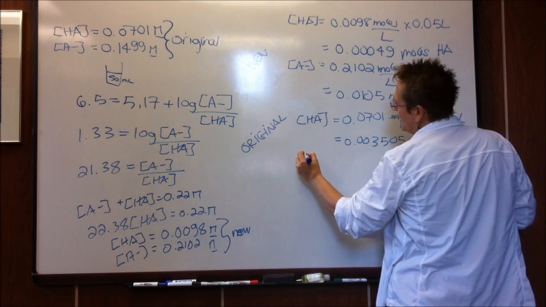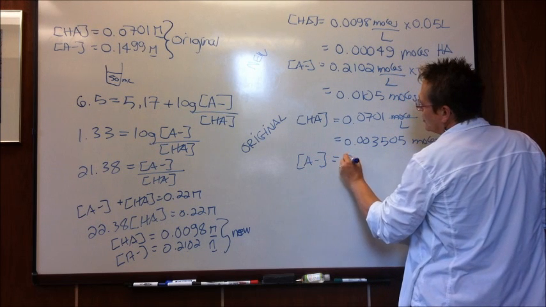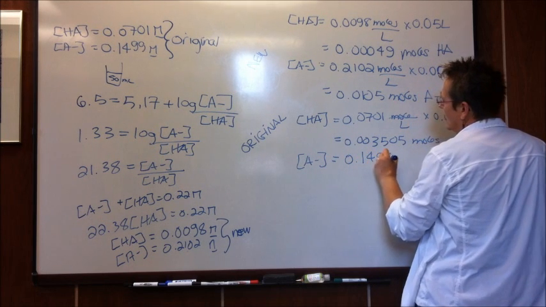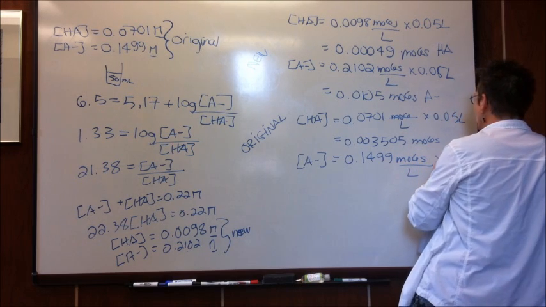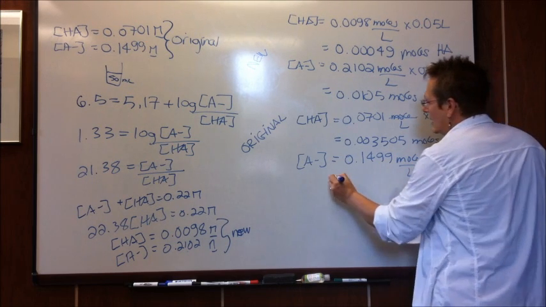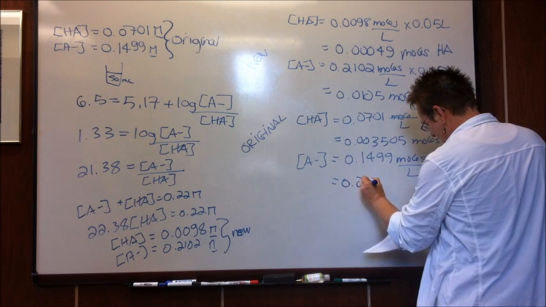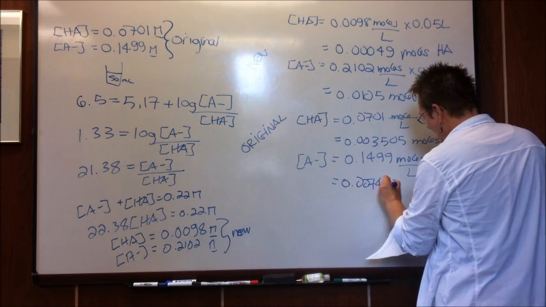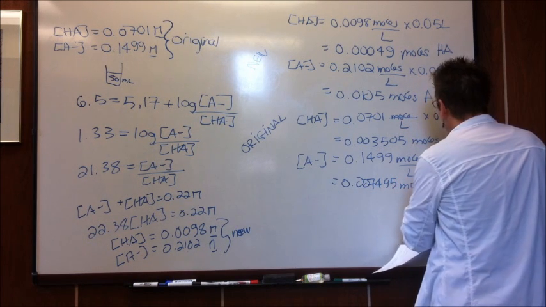And we have an A minus concentration that we started with of 0.1499 moles per liter times 0.05 liters, which means we started with 0.0079495 moles of A minus.